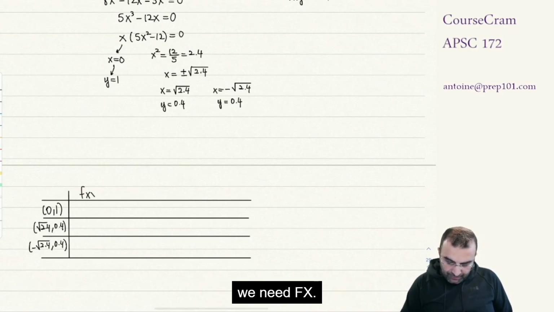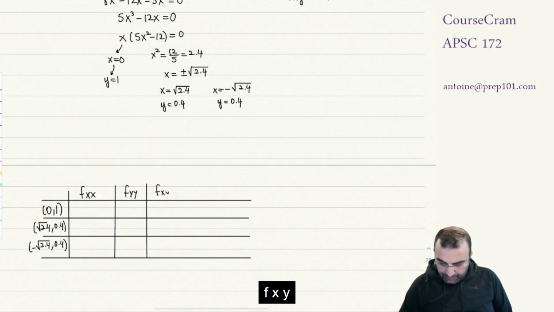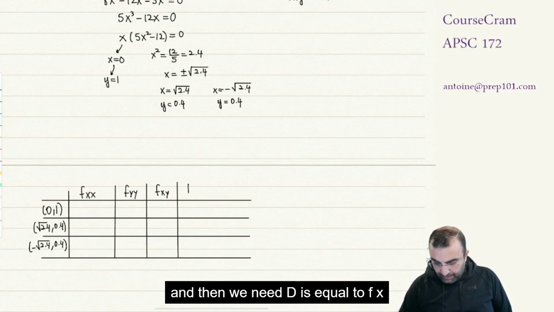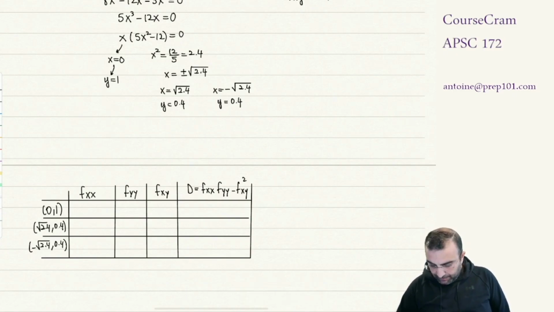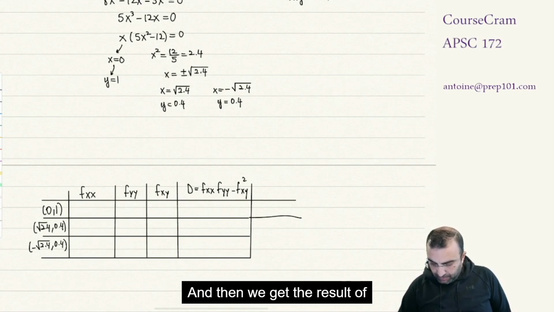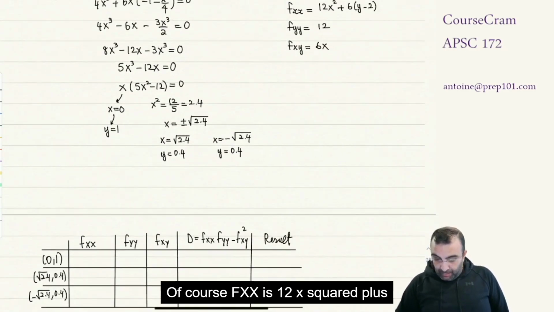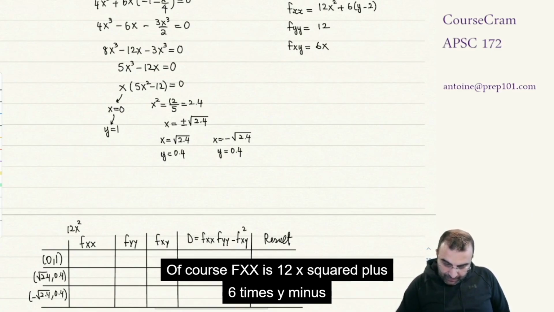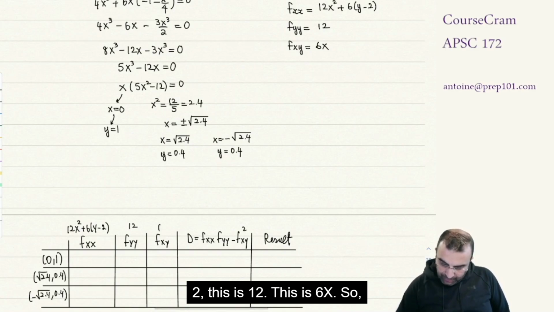So we need fxx, fyy, fxy, and then we need D is equal to fxx fyy minus fxy squared, and then we get the result of what this is. Of course, fxx is 12x squared plus 6 times y minus 2. This is 12, this is 6x.